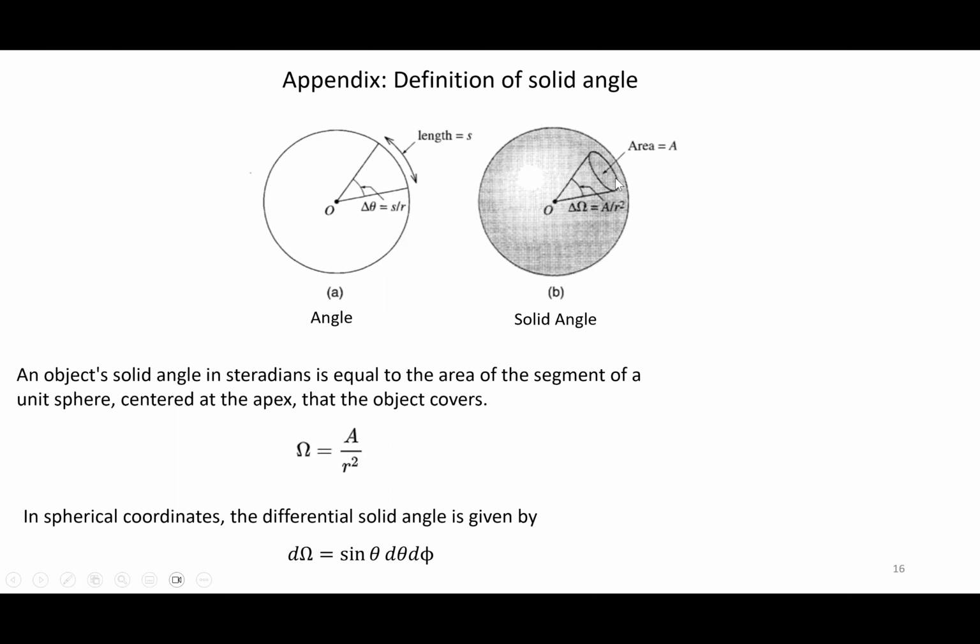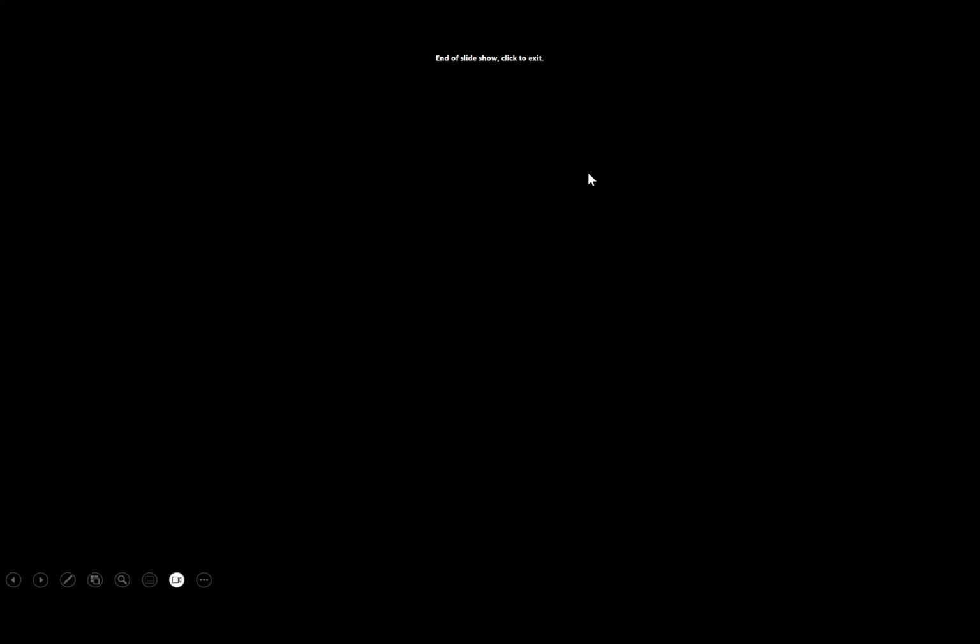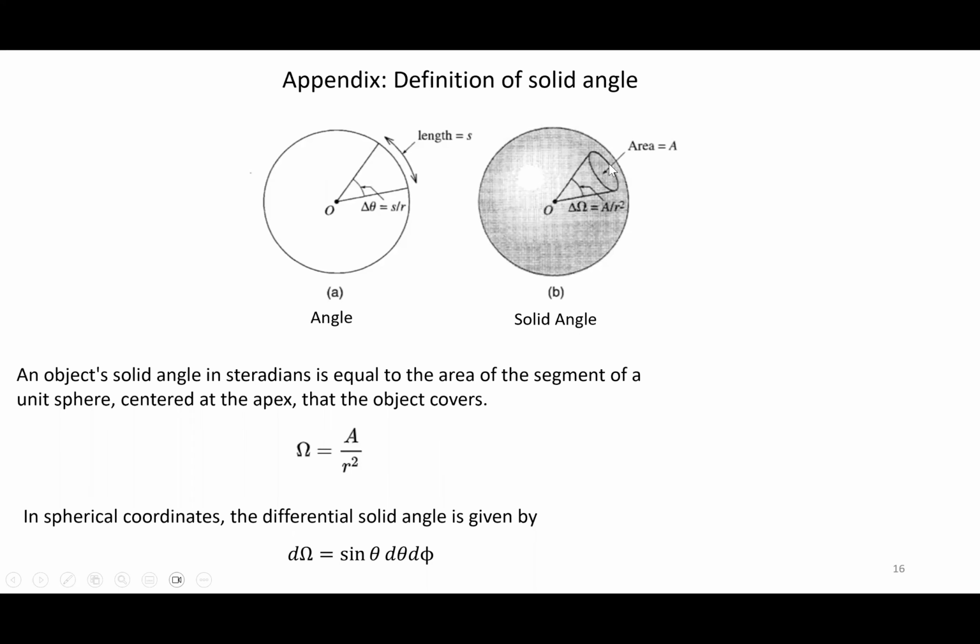In this picture I'm drawing a circular cone, so the base is a circle, but it does not have to be. The base can be a rectangle, a triangle, or another shape, but you can always define the solid angle by this area divided by R squared.